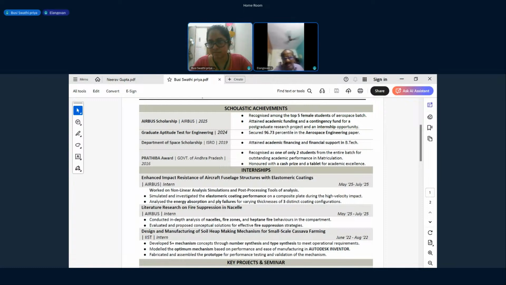Lift supports weight in the aircraft. In the rocket, weight is not supported but balanced, so the weight force is balanced by the thrust force. This is what is happening in the rocket.